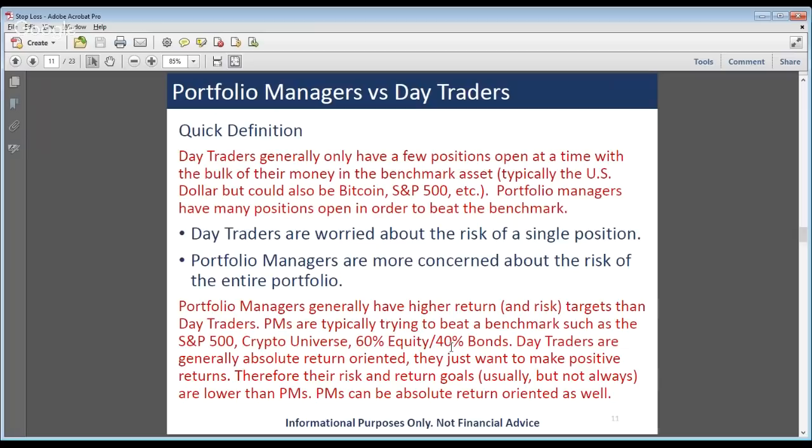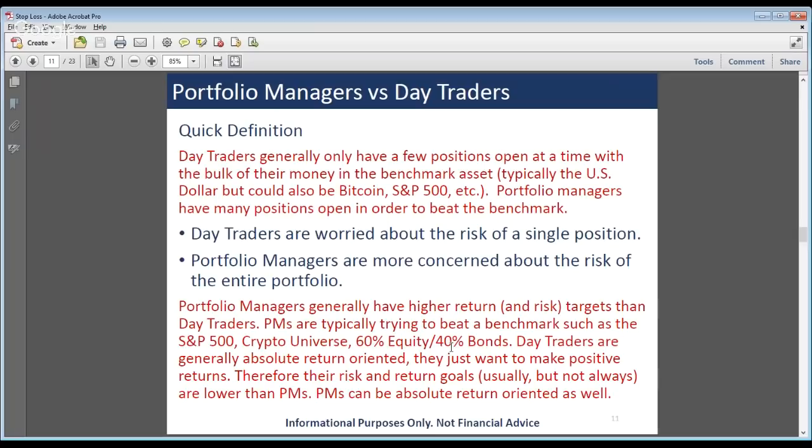So let's just imagine a world where you have $10,000 in your trading account, and a day trader might enter a position for $1,000 at a time, and another $9,000 might still be in cash. Where a portfolio manager is going to have many positions open in order to beat the benchmark.